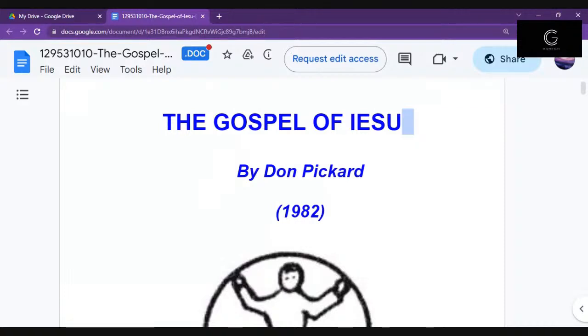Some of the definition of an iesu. Right here. Go down a little bit.